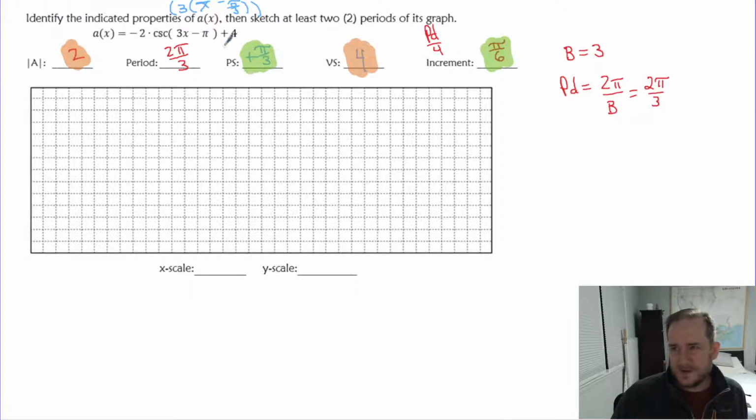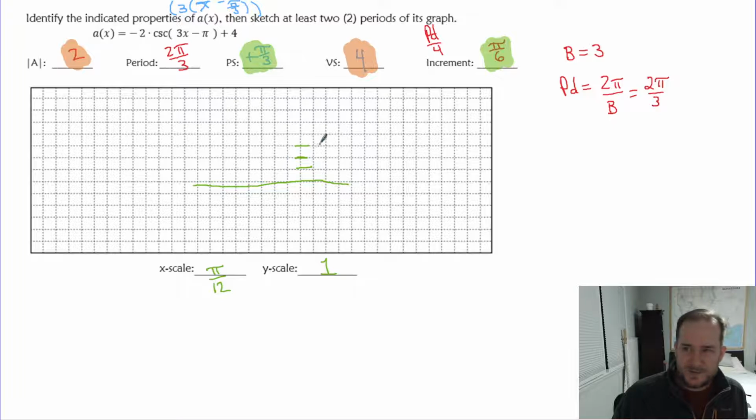Especially, well, I haven't talked about this, so I won't talk about it. But increment, I'm going with pi over 12. All right, and the y scale can be 1. If we're going to go up by 4 and then up and down by 2, then going by 1 seems perfect. You could make a bit of a case to go by 2's, and then we'd only have to go up 2 and then up and down by 1.